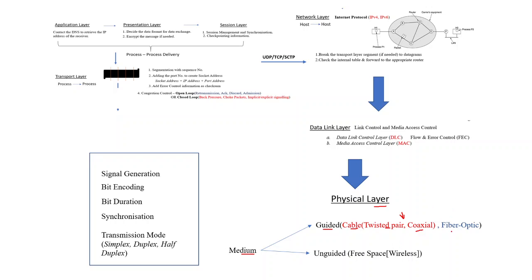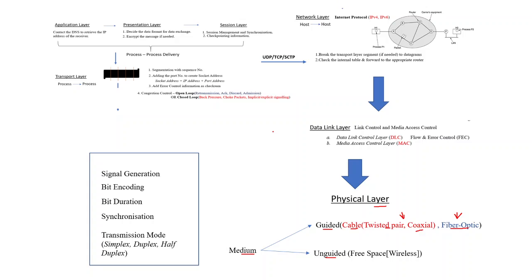And then we have a fiber optic kind of wired media, which will accept light signals. And then we have a wireless media, which is the free space, or is also known as the unguided media, and the signal that passes through this wireless media is an electromagnetic signal.